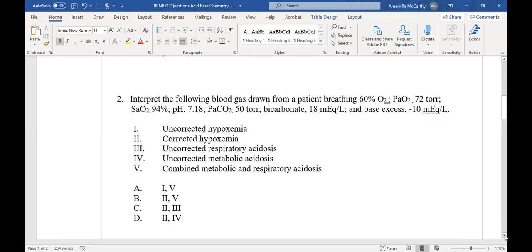Base excess of -10. So what are we looking at? He's on oxygen. So knowing that he's on oxygen, there's only one choice there to choose from.